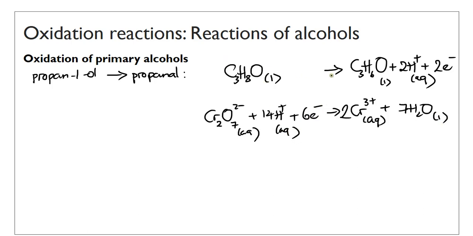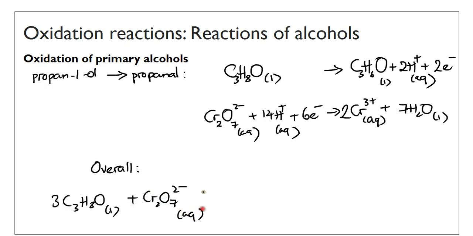Now, if I had to write the overall equation, before I can add these two together, I have to triple my oxidation so that the number of electrons match. So the overall is going to be 3 C3H8O plus Cr2O7 2- plus 14H+. Actually, we can cancel a few things out.